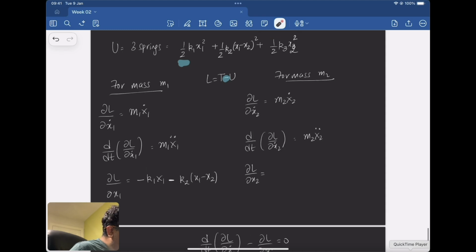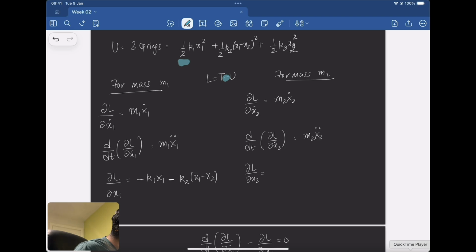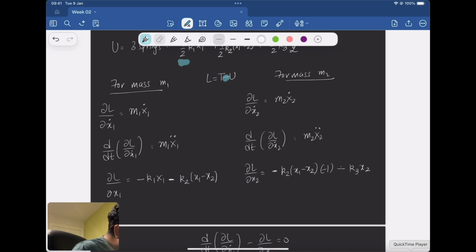So there's a minus k2 into (x1 minus x2) into minus 1, because I have the negative sign in front of x2, minus k3 into x2. I'll remove all the negative signs, so I can say k2 into (x1 minus x2) minus k3 into x2.